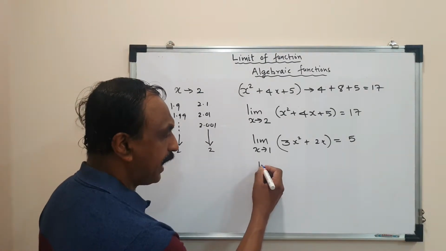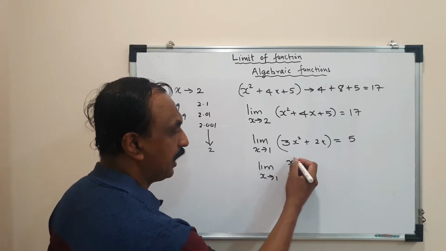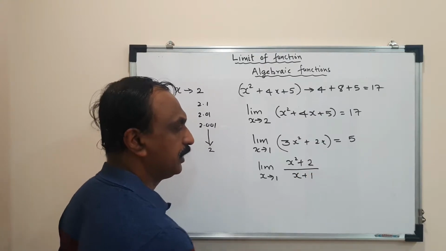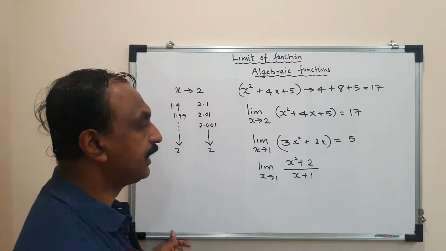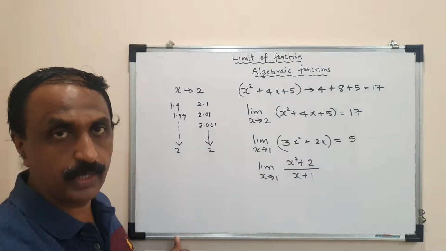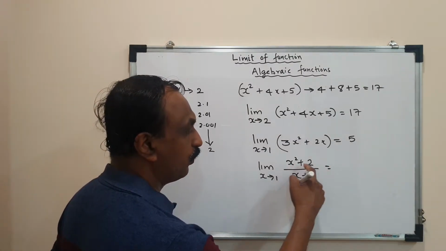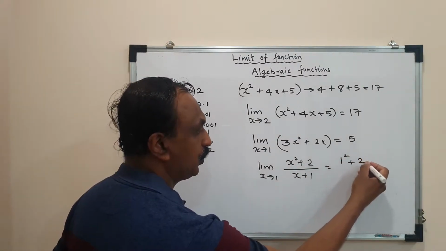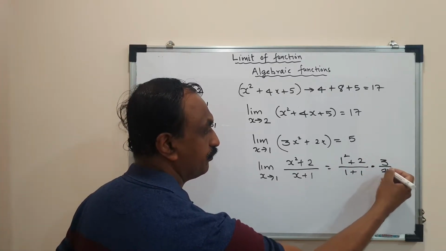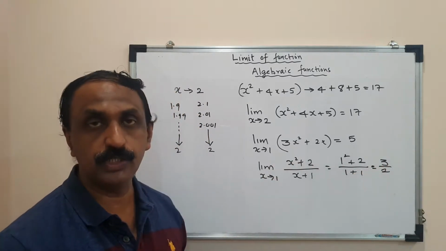Now, if I calculate the limit of x tending to 1 of x square plus 2 upon x plus 1, here also I can use the same technique. When x is approaching 1, the value of x square is approaching 1 square, which is 1. So finally, it will approach 1 plus 2 divided by 1 plus 1, which is nothing but 3 by 2.